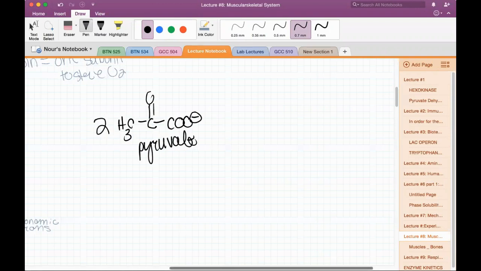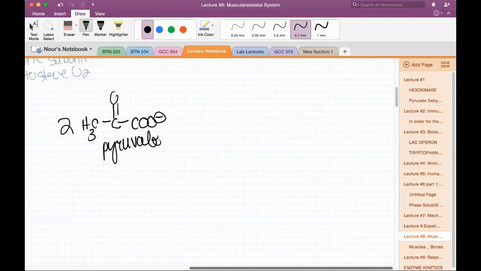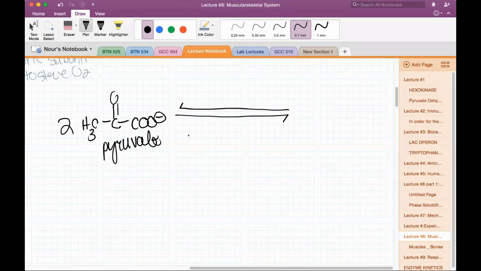Because you don't have any oxygen, you want to have more glycolysis occur, right? But how do you do that? So you would change pyruvate to lactate, but why would we do that? Well, we want to change pyruvate to lactate because we want to generate more NAD+. So we have a lot of NADH made from glycolysis, right?